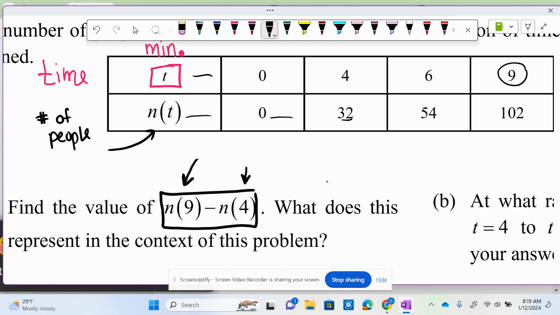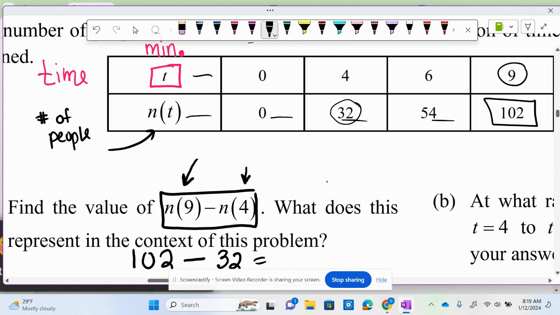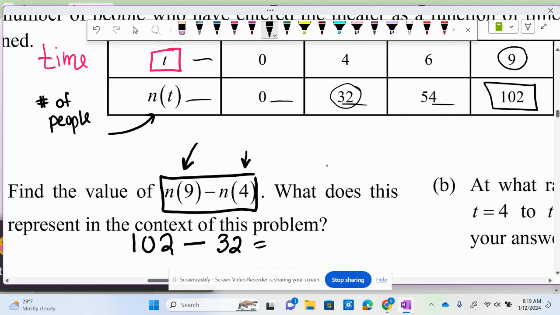What is N of T? It's 102. So I have 102 minus, when T is 4, my N of T value is 32. What does 102 minus 32 equal?